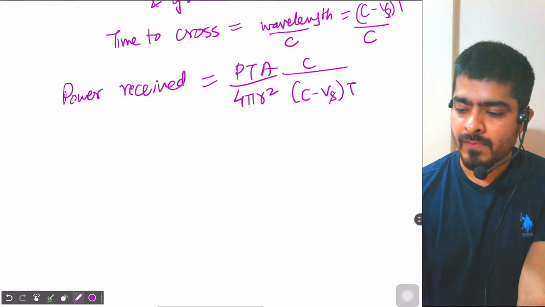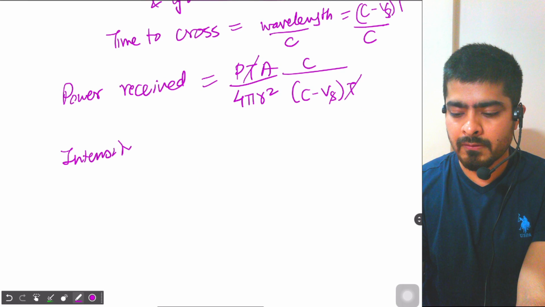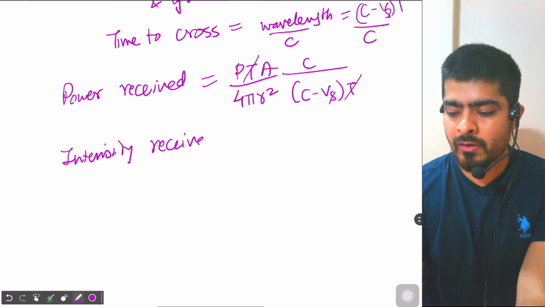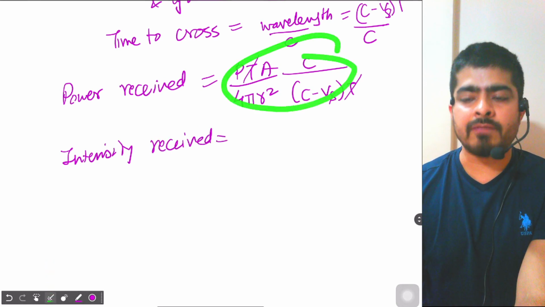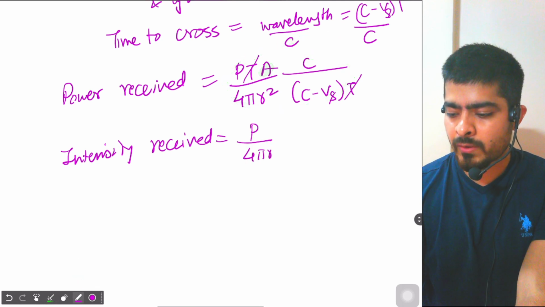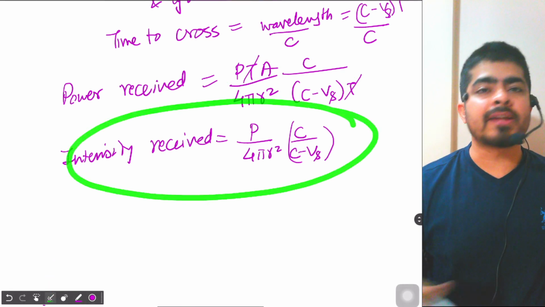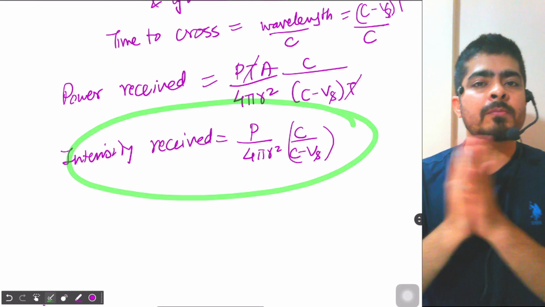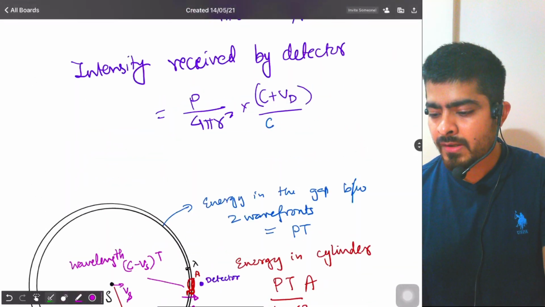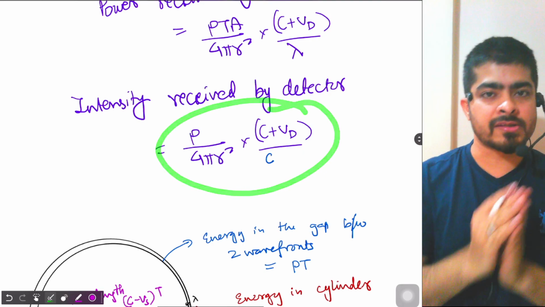Again T is getting cancelled out and intensity received by detector will be this power divided by area. So we remove this area term. So that will be equal to P by 4 pi r square times C divided by C minus Vs. So this is the intensity received by the detector when source is moving but observer is stationary. And this is the intensity received when observer is moving but source is stationary.